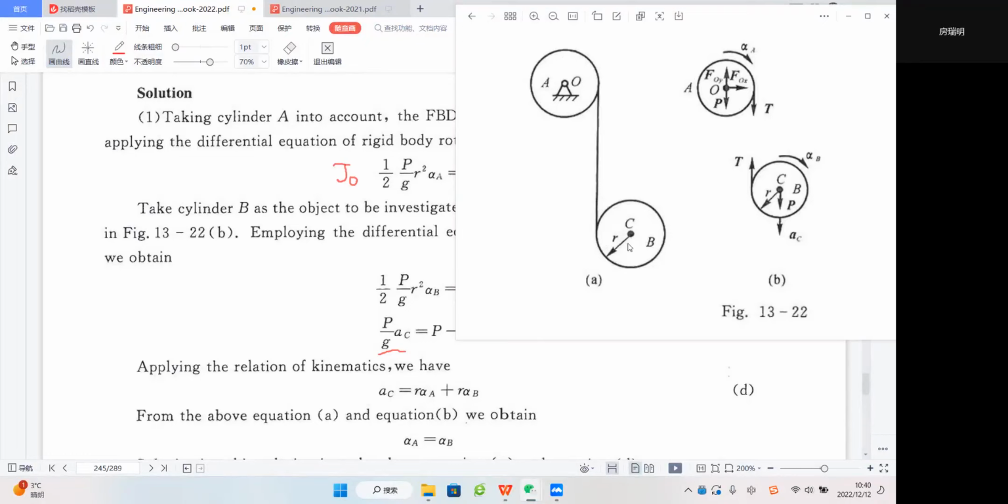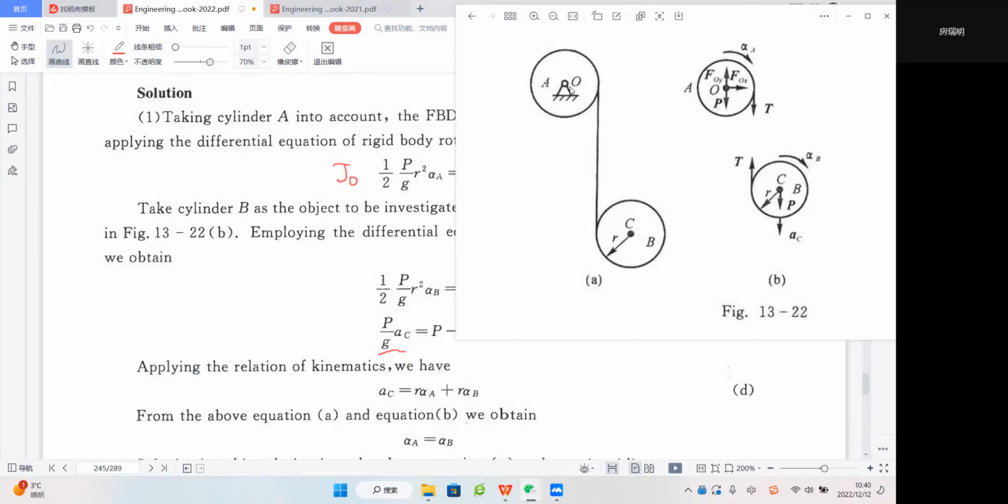One part is moving along this string, which is omega A times R. Another one is its pure rotation around C. So VC will just equal omega B times R, because this contact point will also be the instantaneous velocity center.